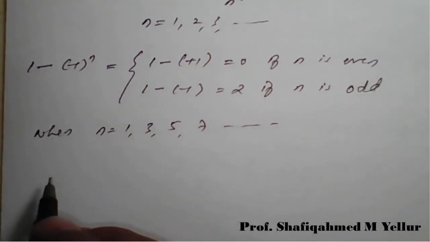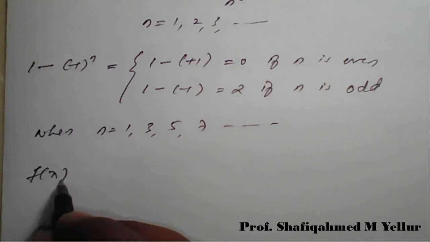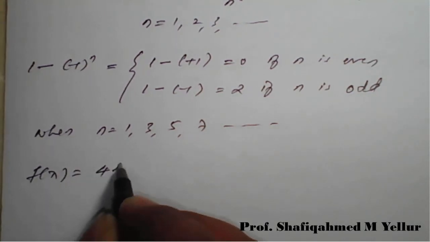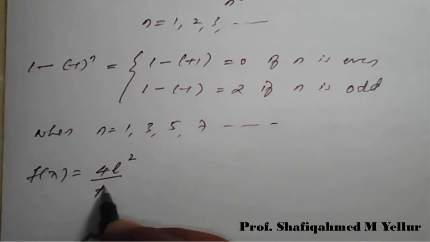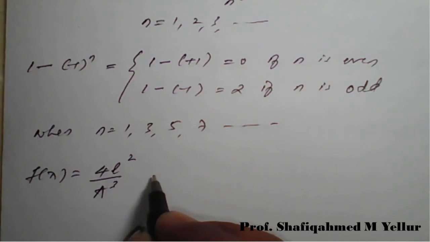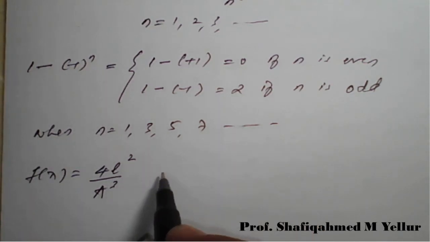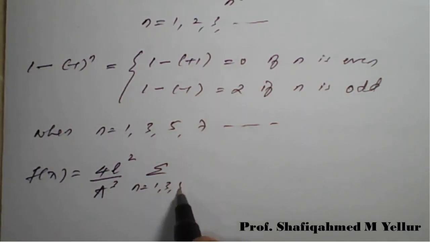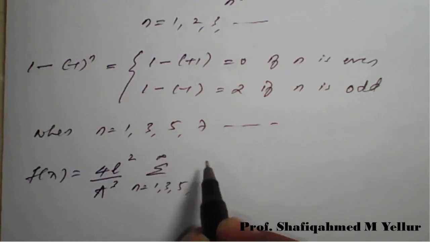f of x is equal to 4l square divided by pi cube, summation n, we are putting 1, 3, 5 and so on to infinity.